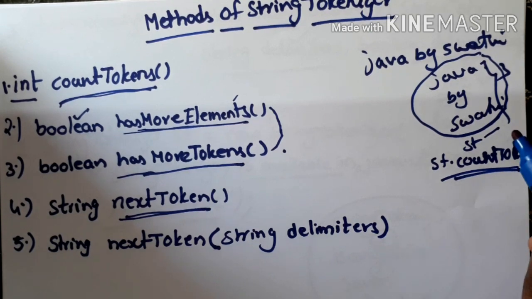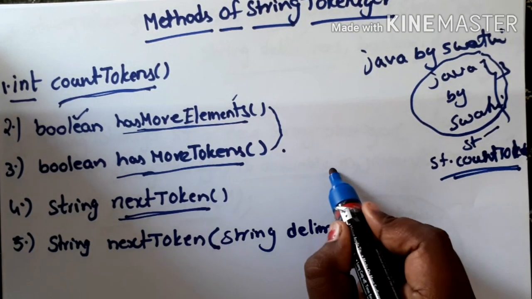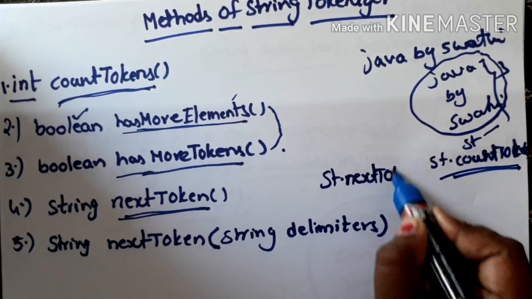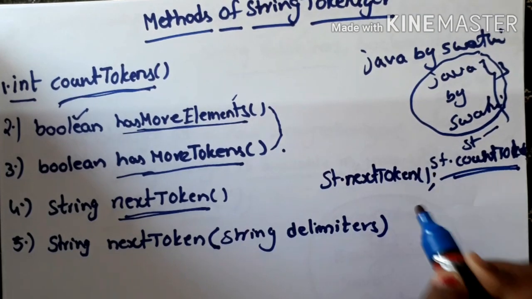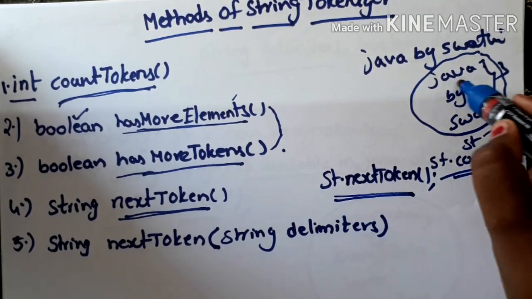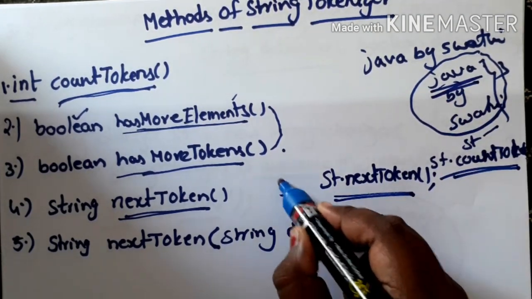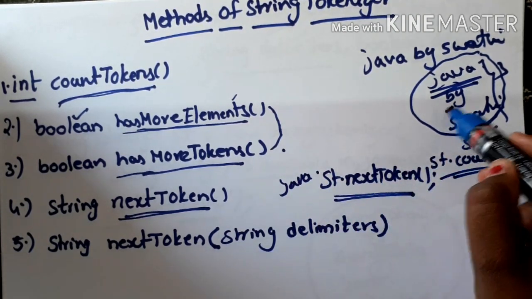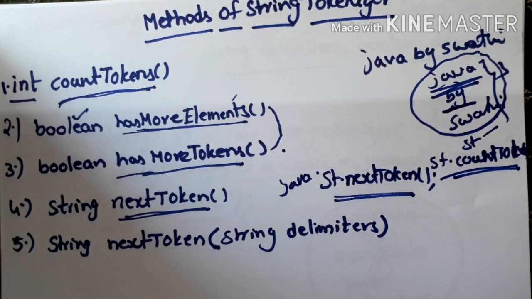Assume I am applying this nextToken method on this st object, st.nextToken. This method will return the first token, Java. If I call this method once again, it will read the next token. Like this, it will fetch the next token from the object.